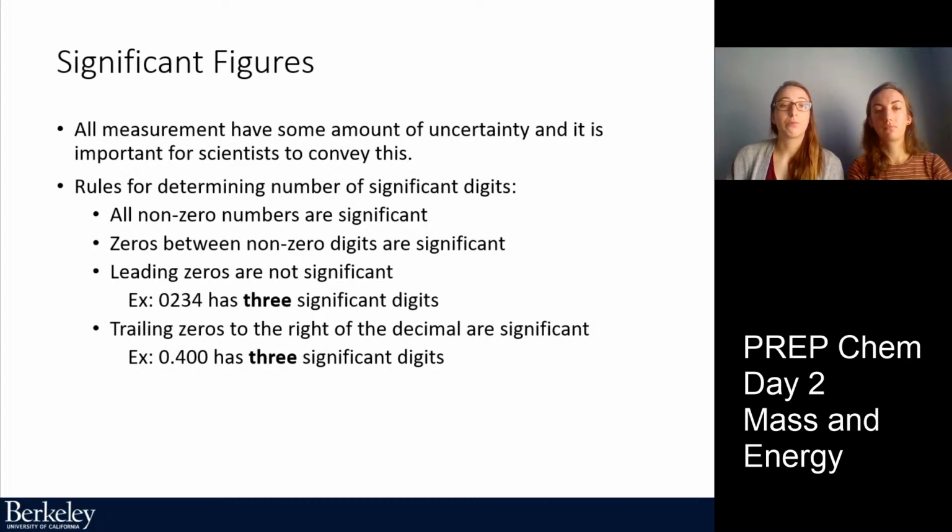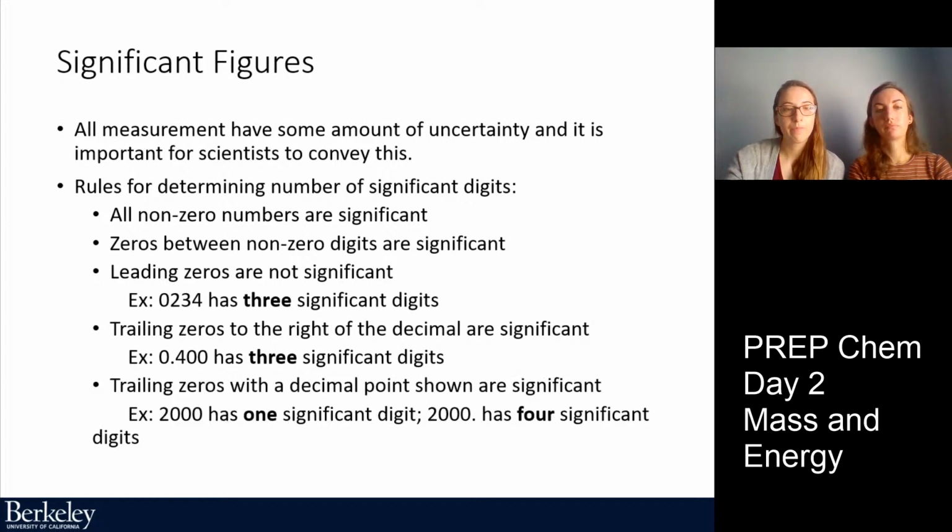Trailing zeros to the right of a decimal place are significant. For example, if you have 0.400, that has 3 significant digits because you can count the 4, the first 0 after the 4, and the second 0 after the 4 all as significant digits. And then trailing zeros with a decimal point shown are significant.